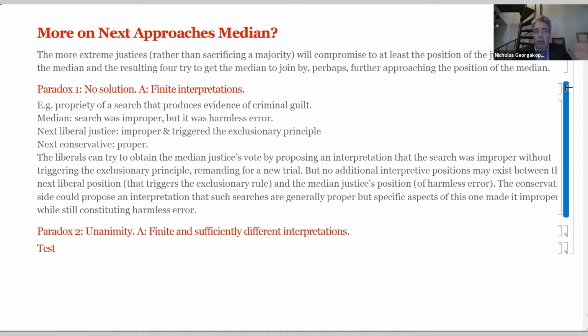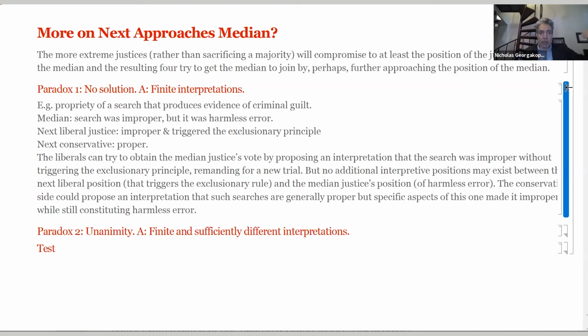The next liberal justice takes the position that the search is improper, but it triggers the exclusionary rule. So there has to be a new trial excluding this evidence at the very least, or perhaps the next liberal justice would say we'll reverse and say that the conviction was improper. Whereas the next conservative justice on the other side says the search was proper.